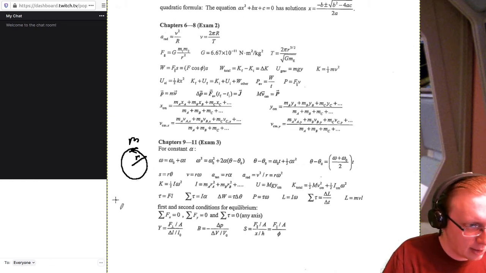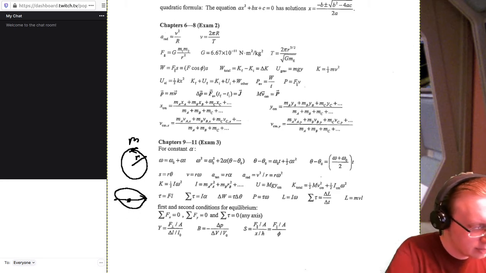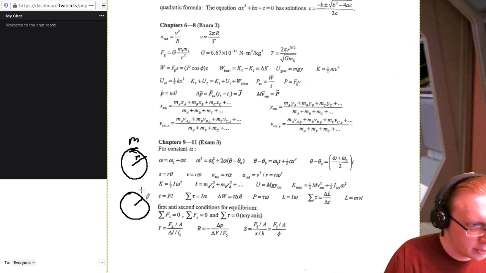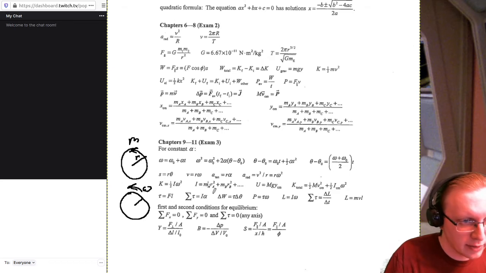If you have a rod going around a center point, or a disk, rotating with omega, then it'll have an I based on this.